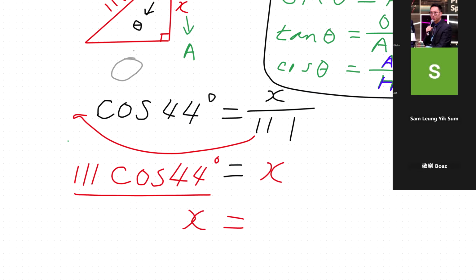Okay, so since I have the data there, I just press here to finish the data. So it's 111 cosine 44, cosine 44 degrees. Okay, close the bracket. So I would do it to 1 dp, 79.8. Okay, 79.8.